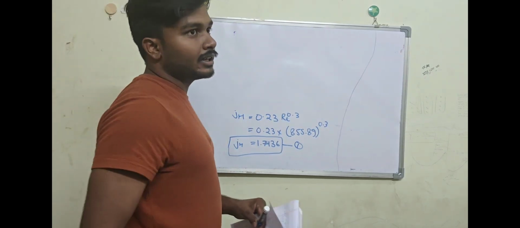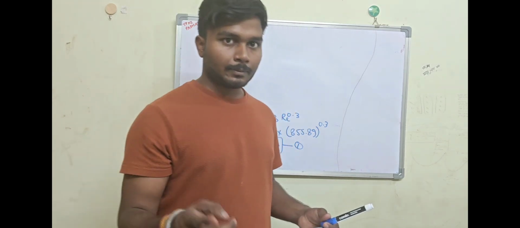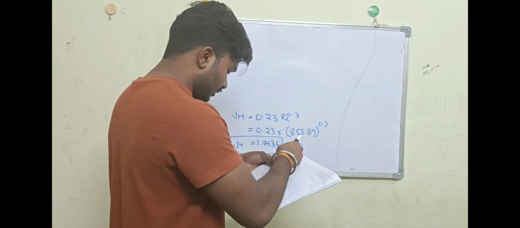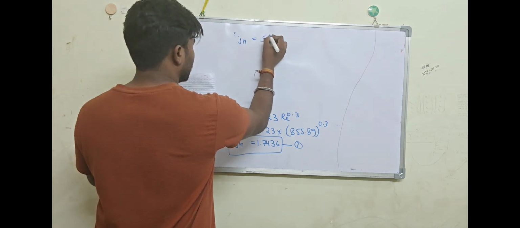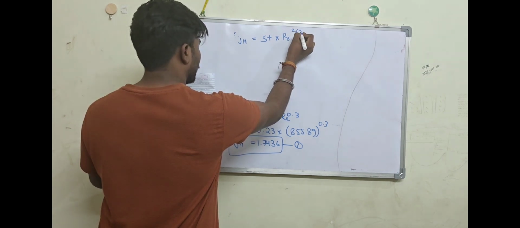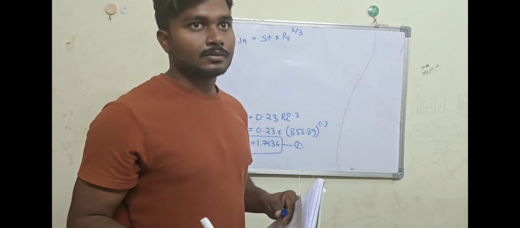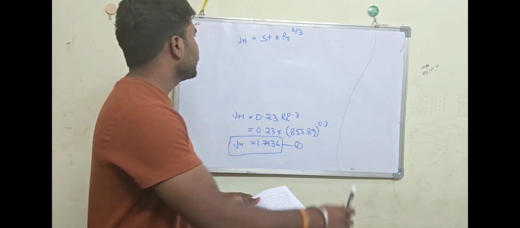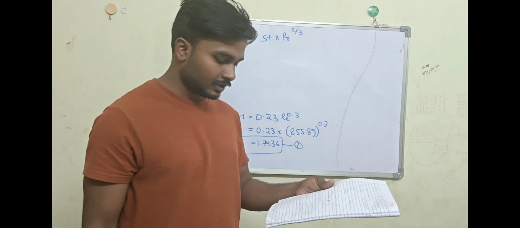We had also studied the Chilton-Colburn analogy. So from that analogy, we are picking up a formula which is JH equals Stanton number into Prandtl number to the power 2 by 3. This we got from that Chilton-Colburn factor for heat transfer.